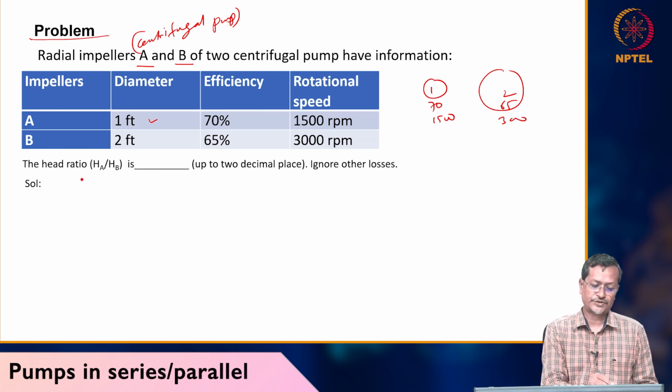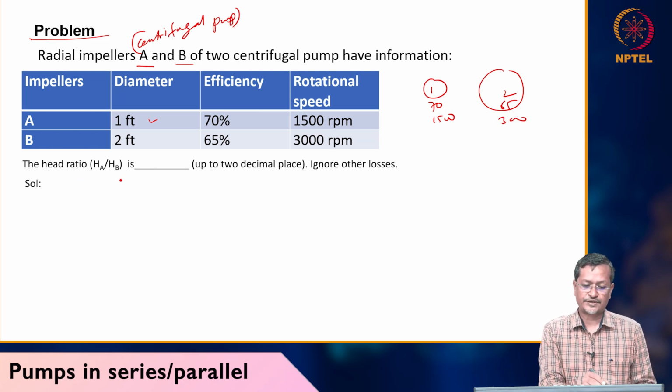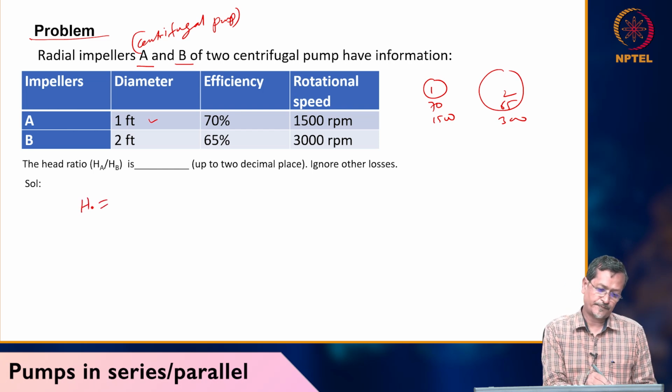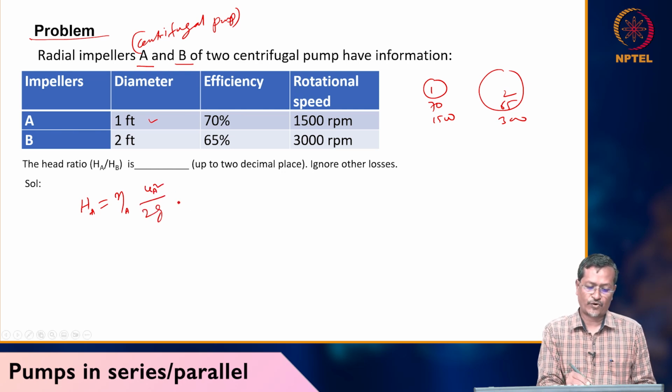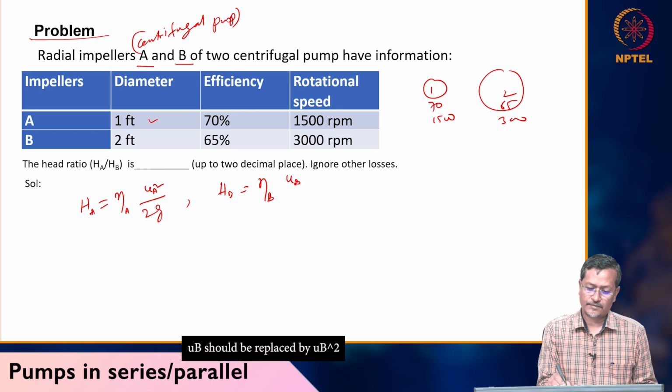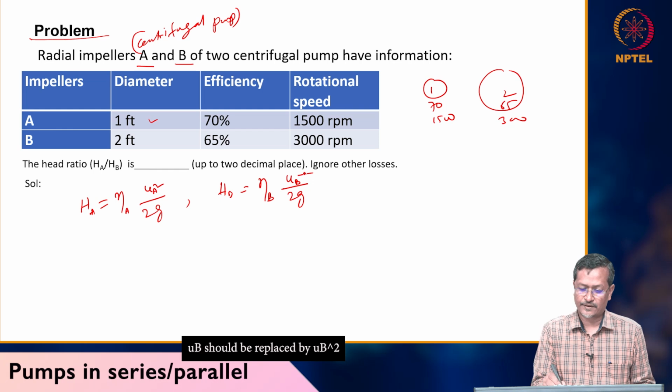So the calculation we have to do is like this. We have to calculate the head ratio HA by HB. The head formula is HA equals eta A times UA squared by 2g. You can remember the formula, and HB also equals eta B times UB squared by 2g, where U means impeller speed.